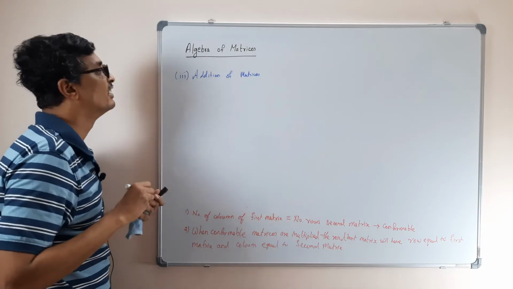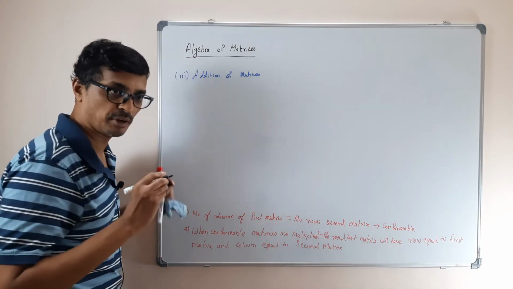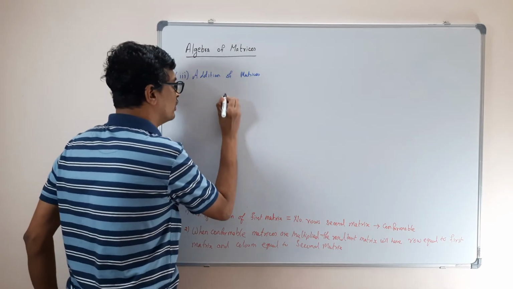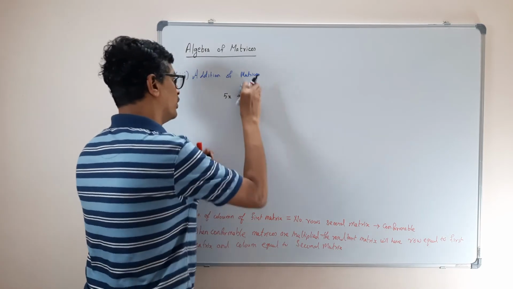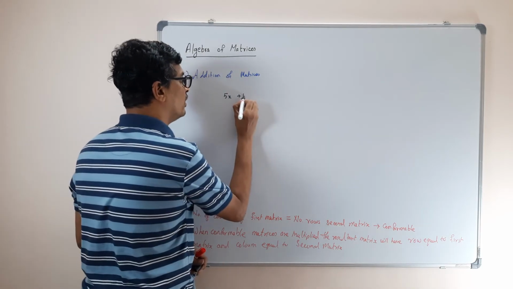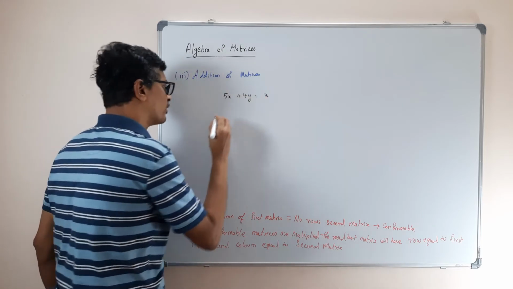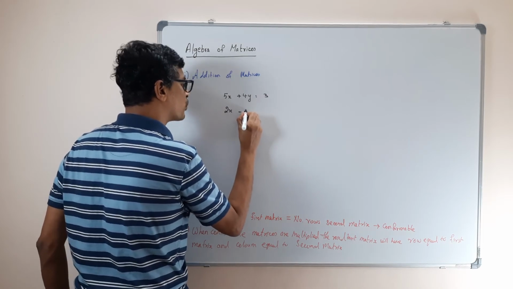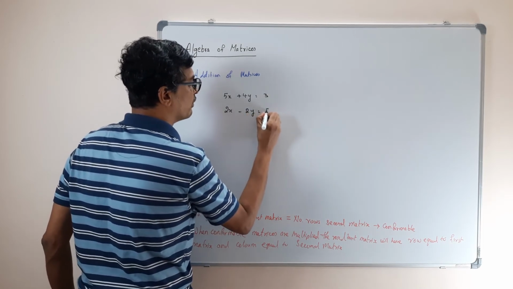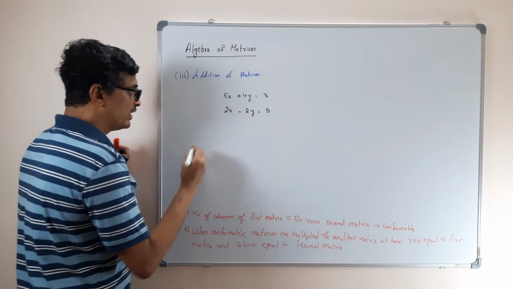Let us write it in a very simple form, try to understand. I am going to have an equation 5x plus 4y equal to 3, and let us say another 2x minus 2y equal to 5. You can solve this problem? So in a matrix, how will we write this problem? Tell me.